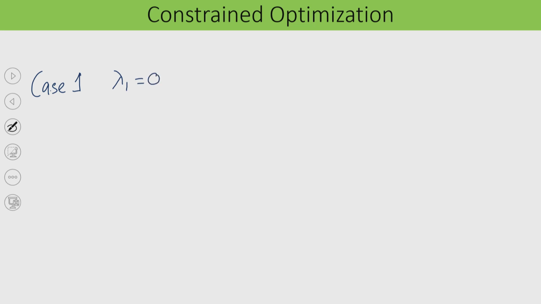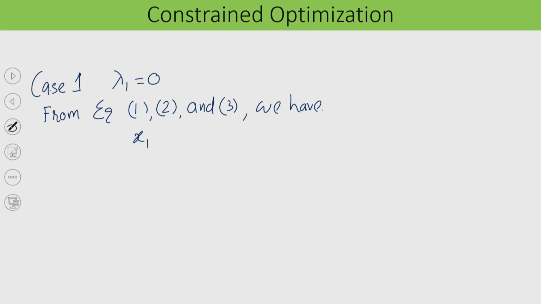In that case, from equations 1, 2 and 3 we have x 1 equal to minus lambda 2 by 2, x 2 equal to minus lambda 2 by 2, and x 3 equal to lambda 2 by 2.